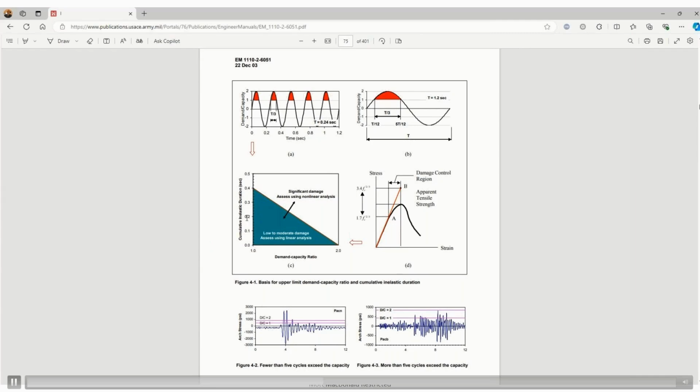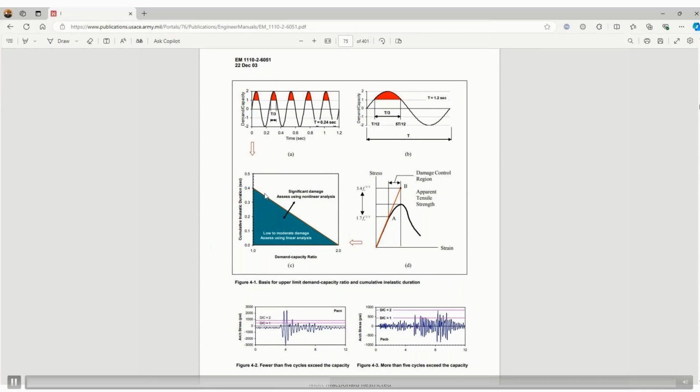So this is the cumulative inelastic duration versus the demand capacity ratio plot. We have to evaluate up to how much time there are these stress exertions.